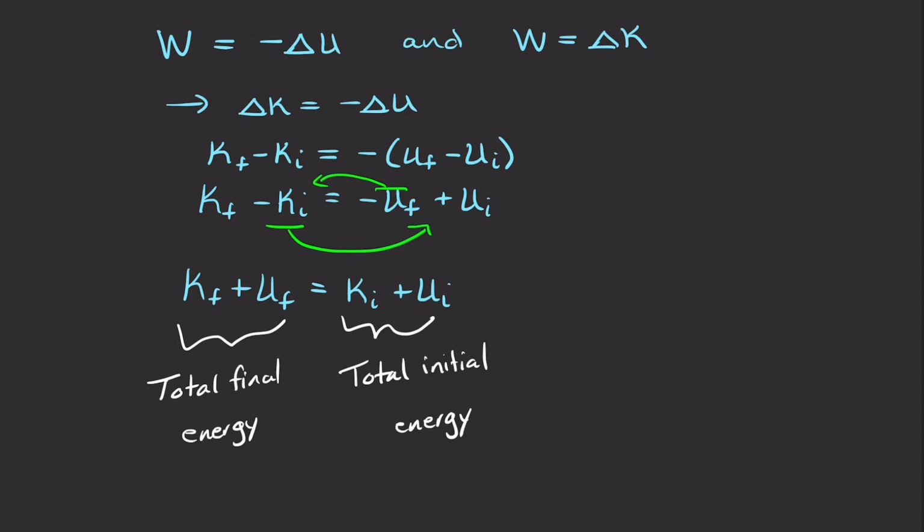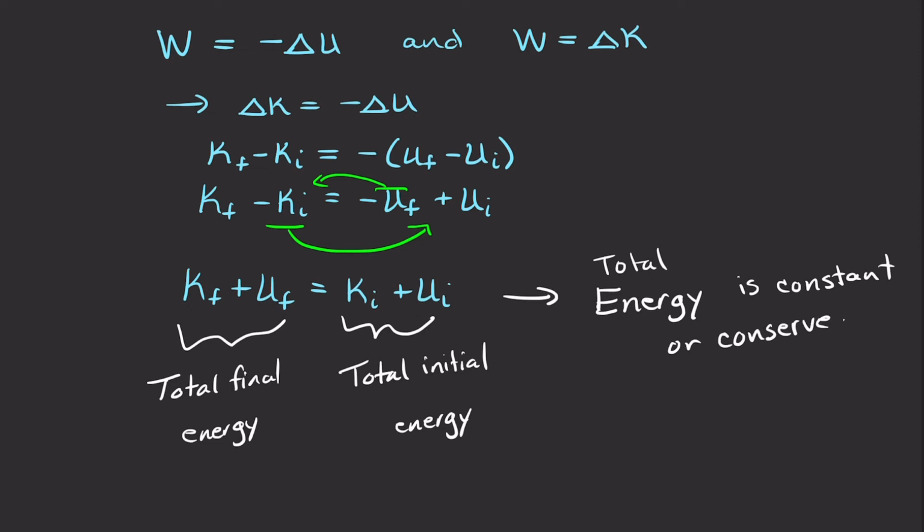And so what it looks like is the energy that I had at the end is equal to the total energy I had in the beginning. It didn't change. And so this means that your total energy is constant, or you may have seen the word conserved. So this is a statement of conservation of energy.